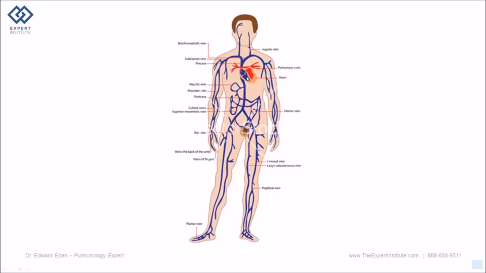I will also add that occasionally pulmonary clots come from the upper extremities, or arms as we might say, and go through the same route from the arms down through the heart and into the blood vessels.